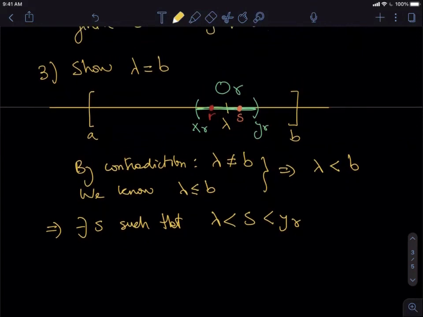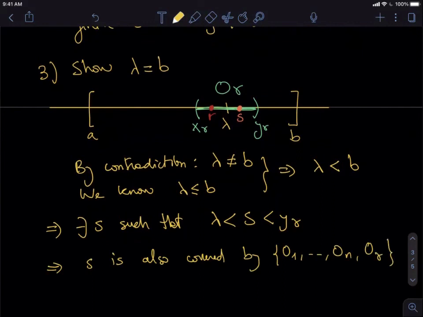So now we have that S is also covered by the previous covering that we found, O1 to ON, and then toss in O gamma, and this covers the whole thing.